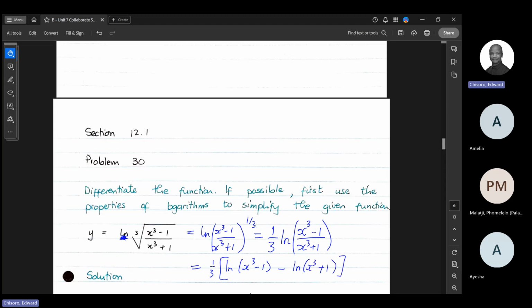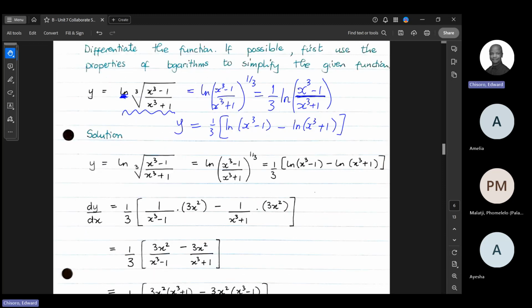Now all of a sudden, this looks much simpler to differentiate. We've gotten rid of the radical, and we've gotten rid of the fraction of the quotient. So now all we need to do is use the log rule instead of using the log rule and the quotient rule at the same time.